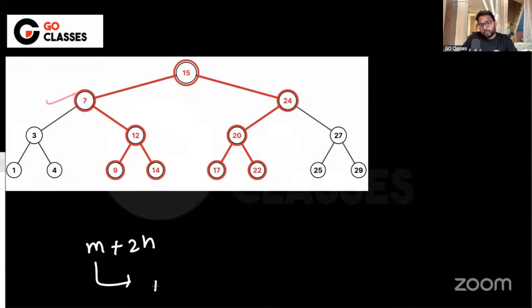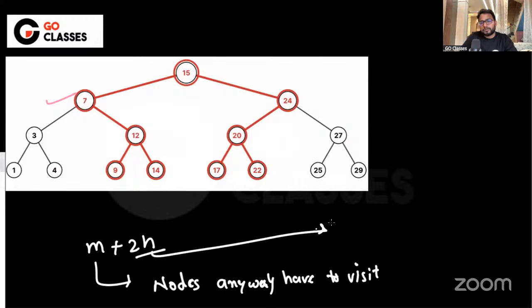M is the nodes you anyway have to visit, right? 2h is the number of nodes that are helping me to push. So you can say number of border nodes, and these are the range nodes. These m are the range nodes.